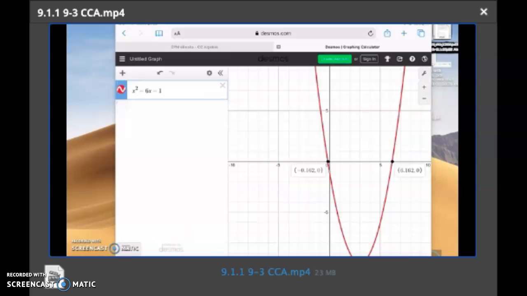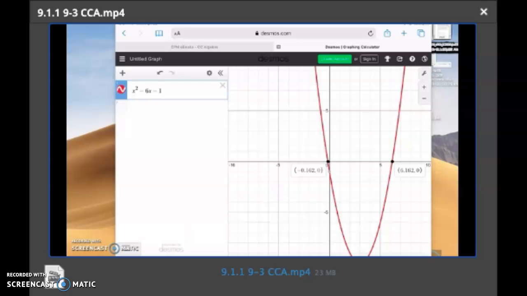I can see that they're there, they're just decimals. So just because it's not factorable doesn't mean there aren't any roots. I want to round those to the tenths place so I can give myself an approximate answer here.